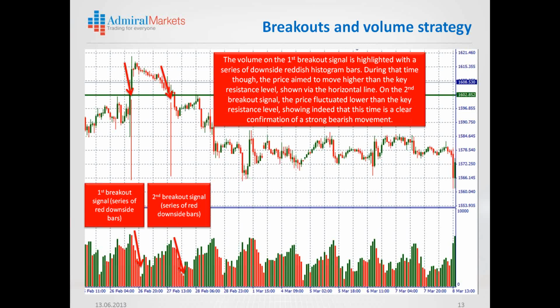So we want to use VSA close to key resistance or support levels. On the second breakout signal, the price fluctuated lower than the key resistance level. But this time is a clear confirmation of a strong bearish movement. That green bar was a fake out.